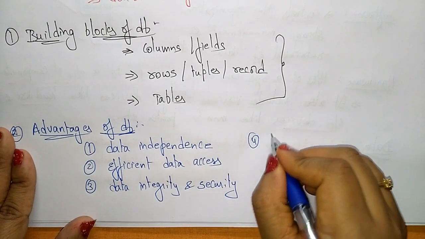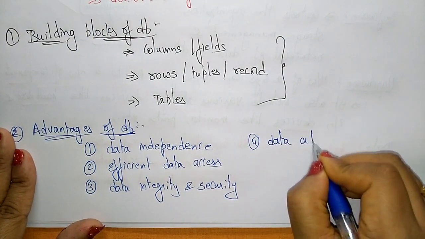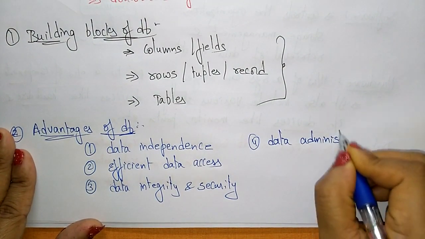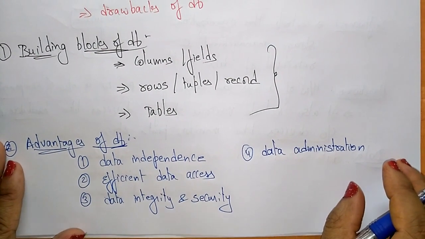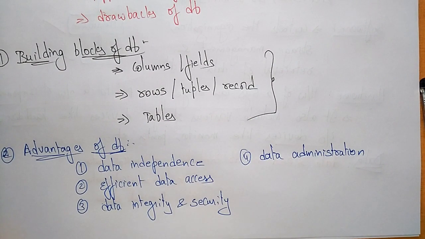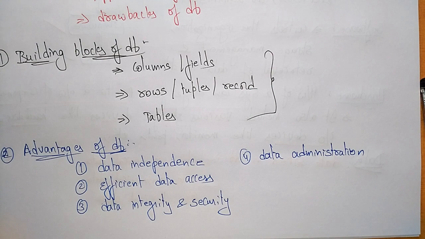Fourth one, data administration. So this is one of the advantages of using the database, data administration. So everything will be under the control of the administrator. So only the person who is having the username and the password can modify the data which is present in the database.